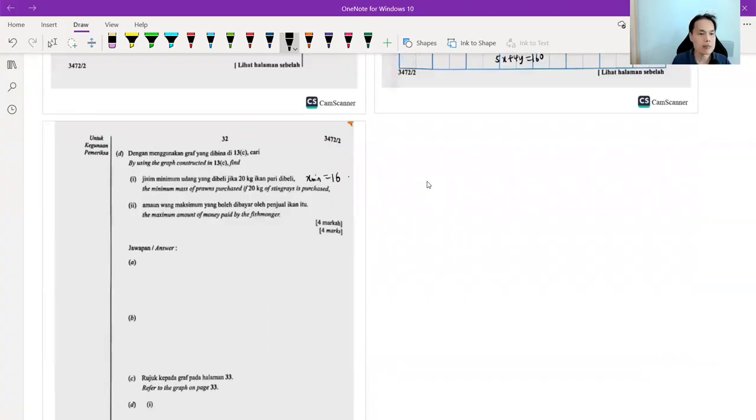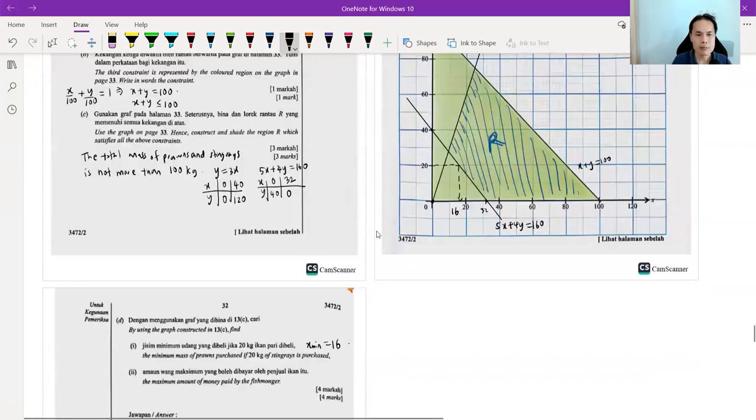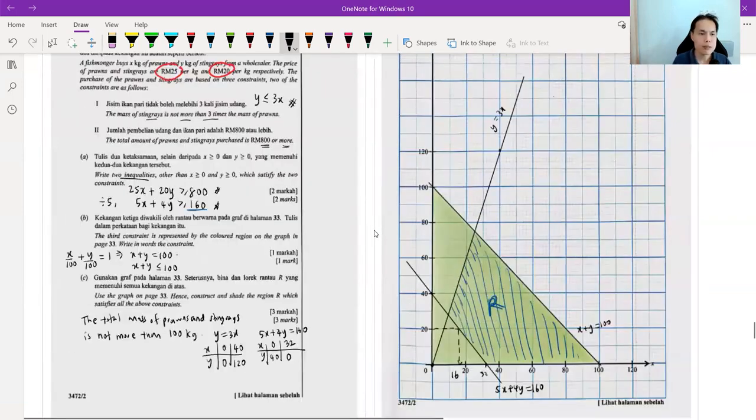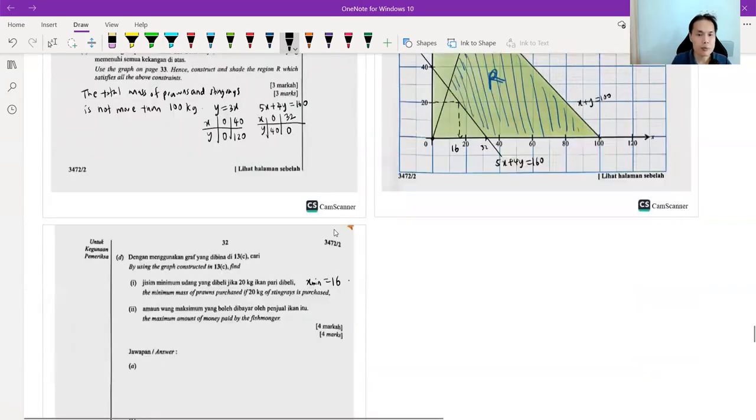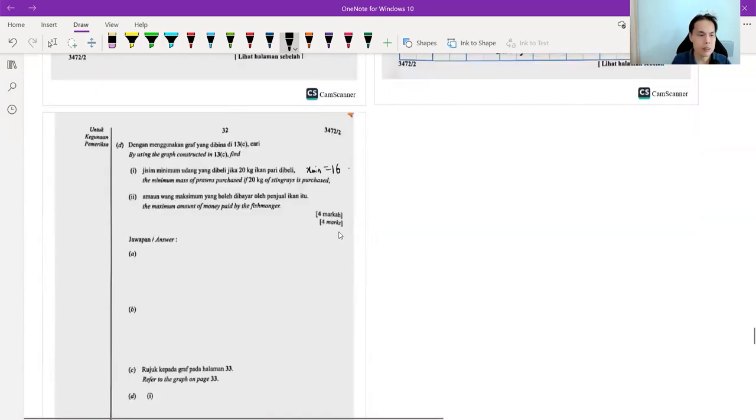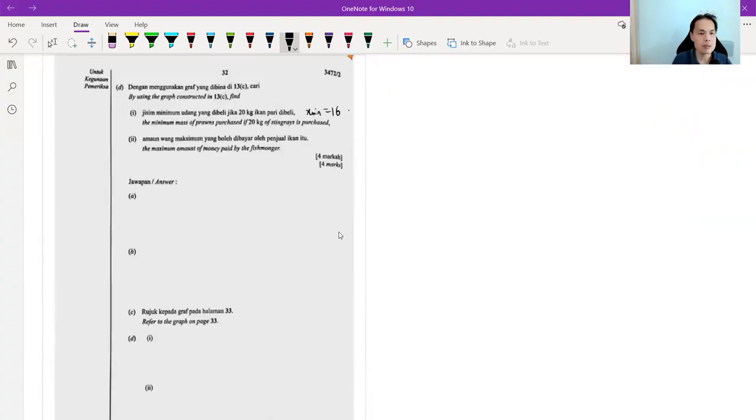Okay. Next, the maximum amount of money paid. The minimum amount of purchase is 800. The objective function is actually this, but we just have to let it be K. K is what we want to find. The minimum purchase is 800. The maximum purchase, I don't know. So let me write here, the maximum amount purchased.